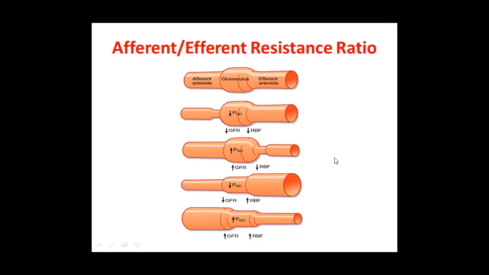So there are plenty of such situations. There are variable permutations and combinations of different values of the afferent-efferent resistance ratio, and they will appropriately and respectively influence the glomerular function, or the extent or rate of glomerular filtration, or GFR.